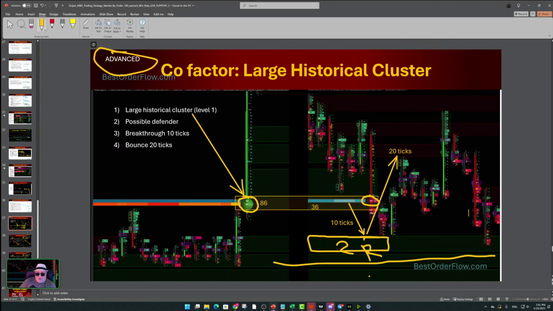So if price breaks through, it may bounce not from the first level where you put your order, but from the secondary resistance. That's why I call it an advanced strategy. It's a step toward being more conservative than aggressive on the market.